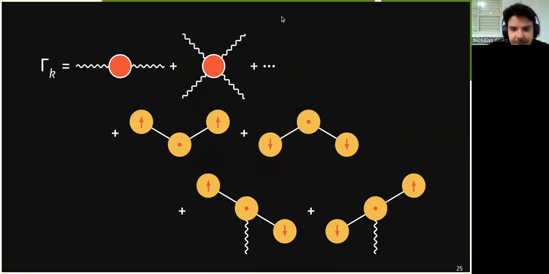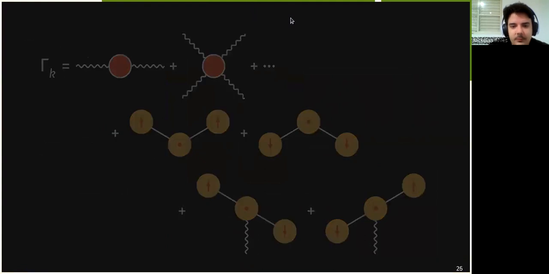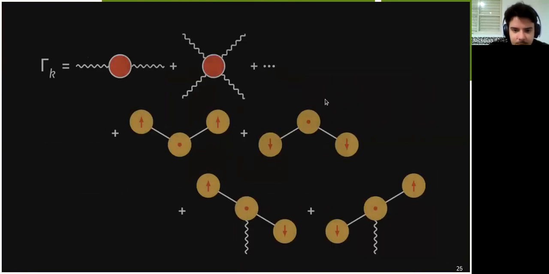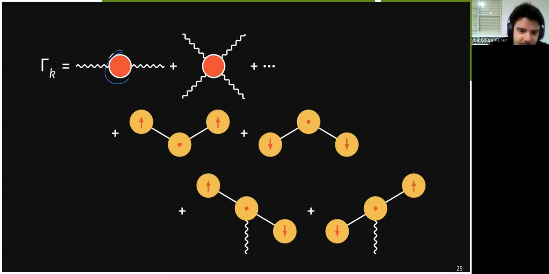This is not necessarily perturbative because of these blobs in here. They mean that you should consider many other effects, and in here they mean non-perturbatively. So even though this is just an illustration, it actually considers non-perturbative effects, because this means consider all the corrections to the 4-point function up to all orders, for example.